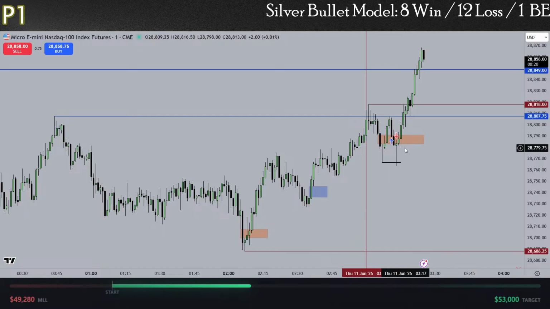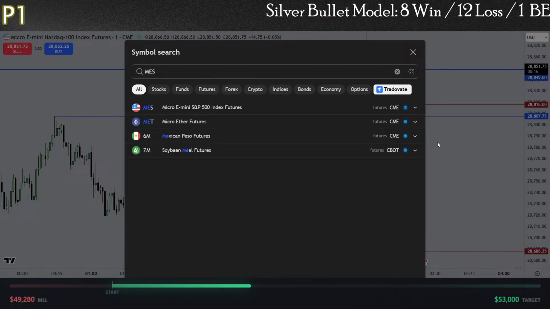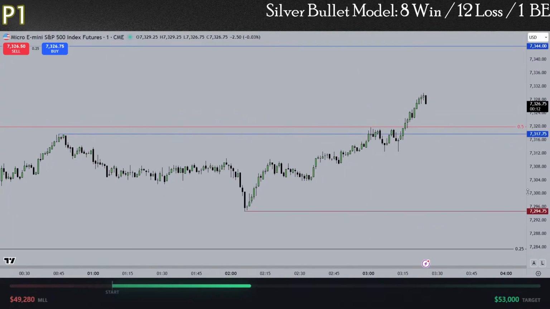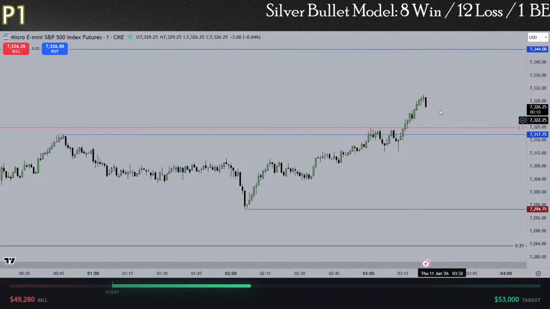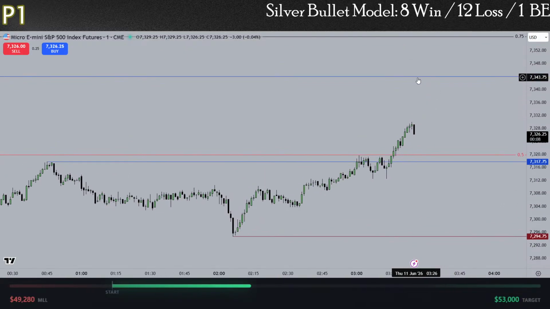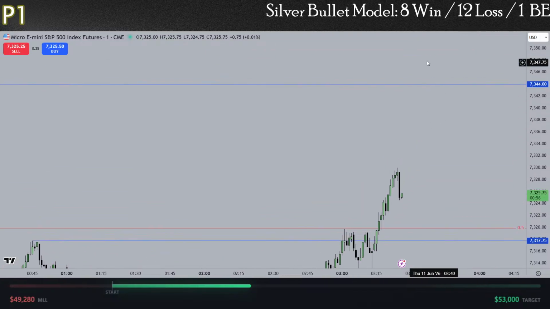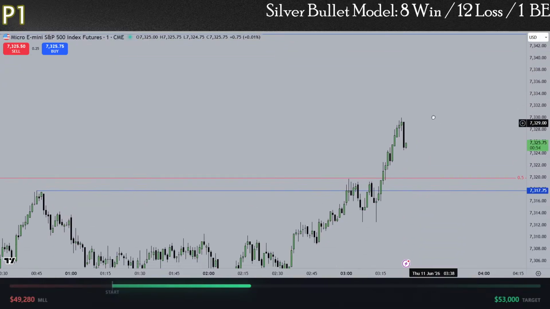But nonetheless, nice delivery higher here. Let me check the MES. On MES, I was looking for this level as a draw, so a higher one still has plenty of room to go. So that might still be interesting on the upside.